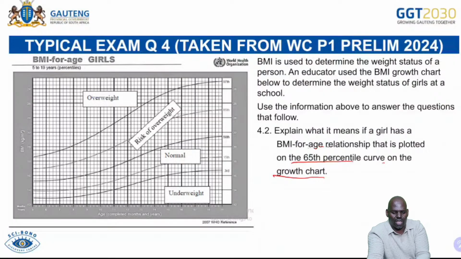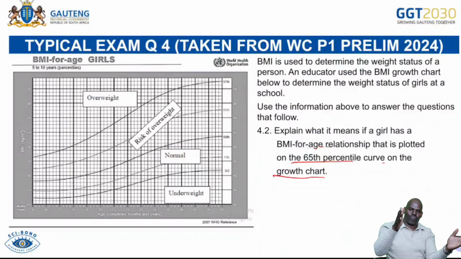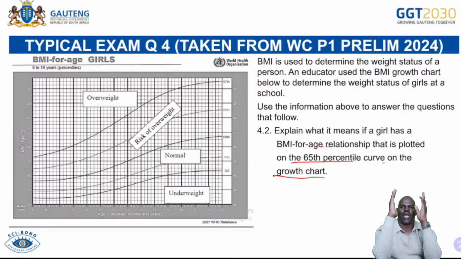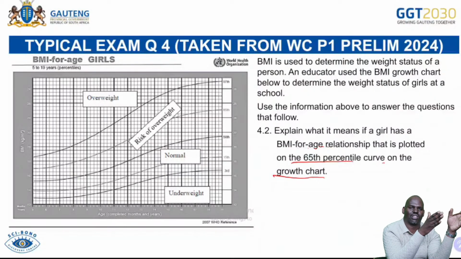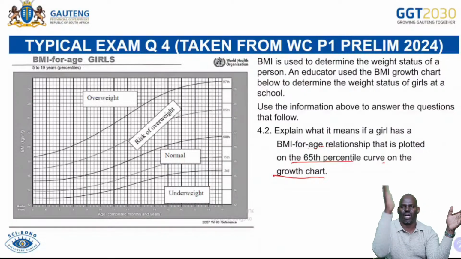So in this case, if we say you are on the 65th percentile, what is the percentage below? The percentage below will be 65% and below. What is the percentage above? 35%. If you are on a 90th percentile, the percentage above is 10%, and the percentage below is 90%. If you are on the 20th percentile, the percentage above is 80% and the percentage below is 20%.